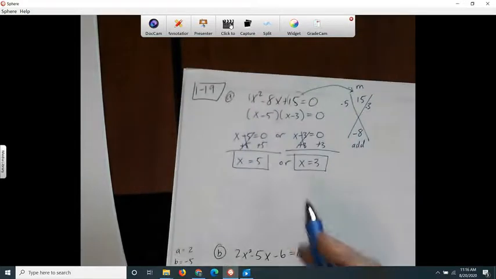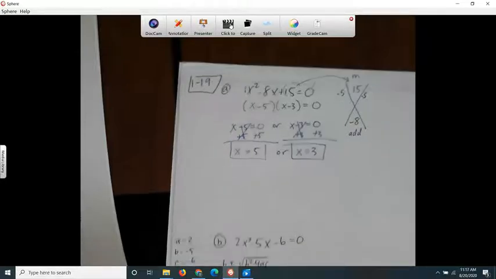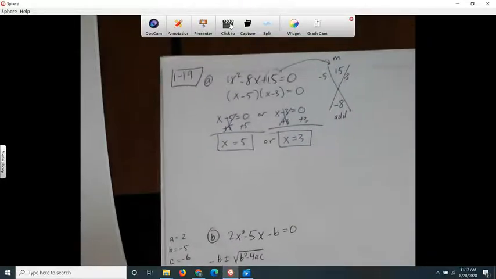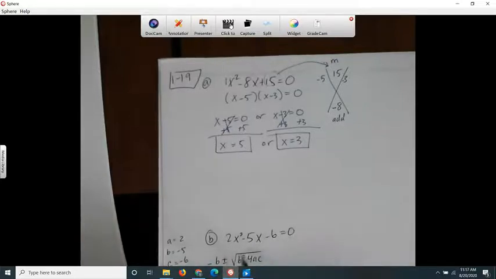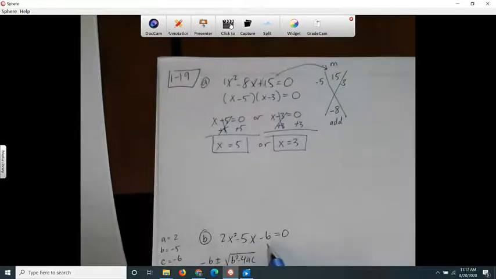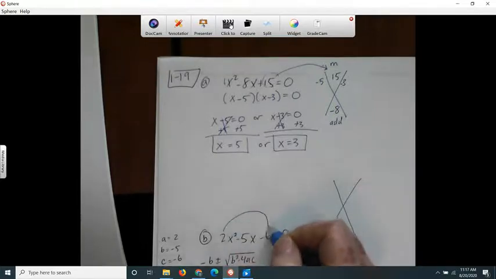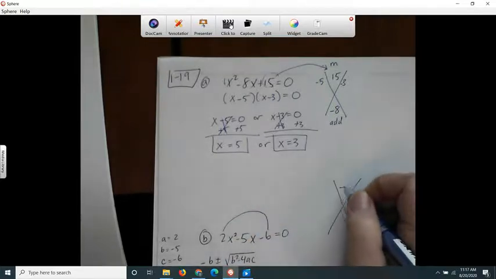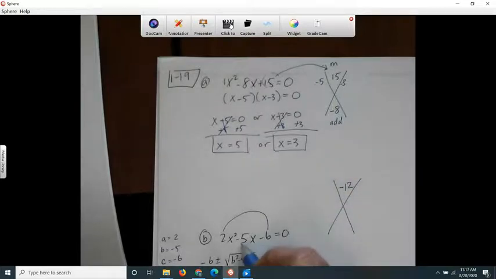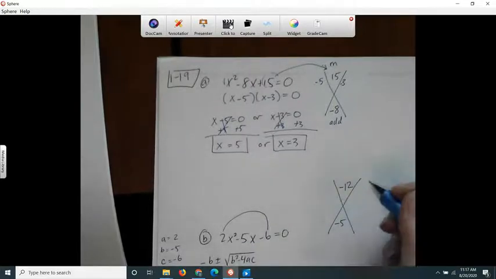Could I have put those into the quadratic formula and solved it? Yes. Okay, this one, we did these in class. This one, I tried to factor it. In this case, it would be whatever 2 times -6 is. And then it has to add to make -5.